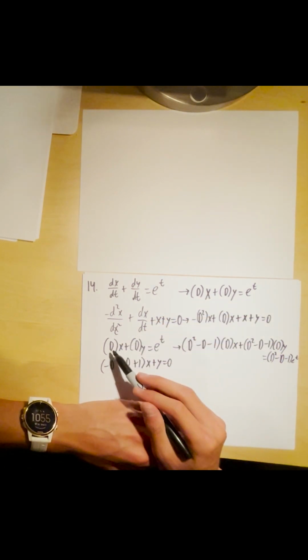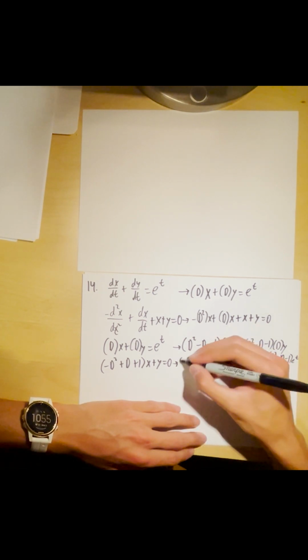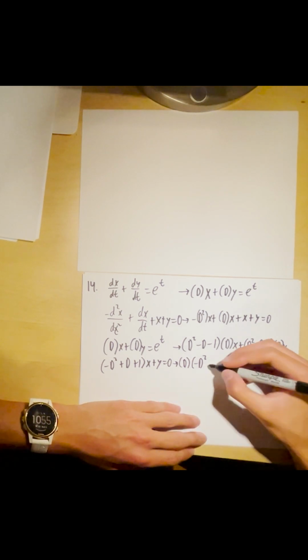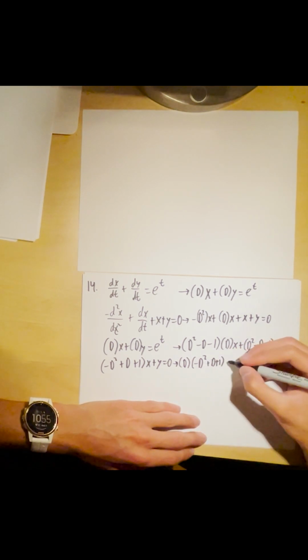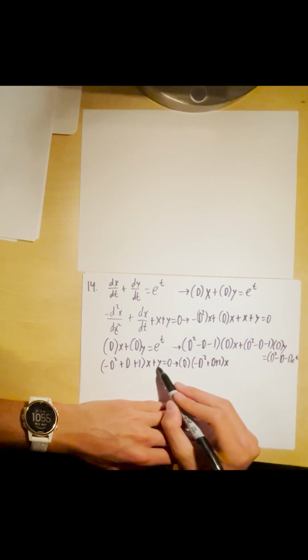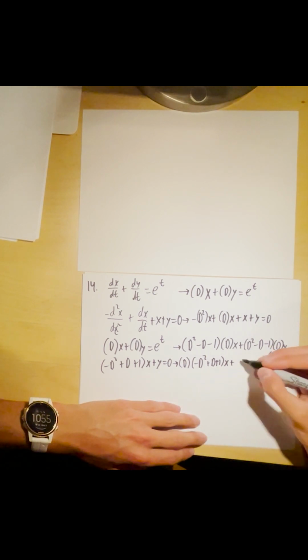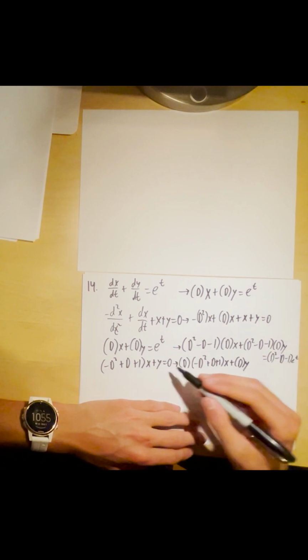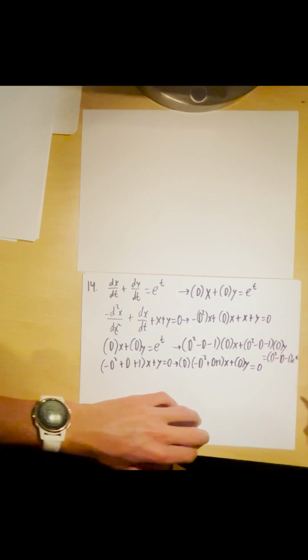So this one's D, so now I'm going to do D times negative D squared plus D plus 1. This is carrying over from here. And then we add the differential operator in front of the y. And in front of the 0, it's just 0, so I'm going to make it equal to 0.